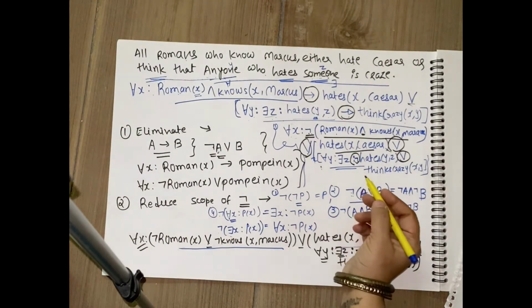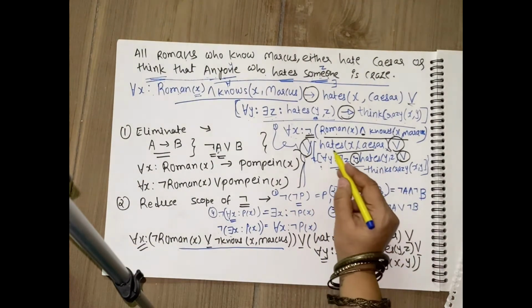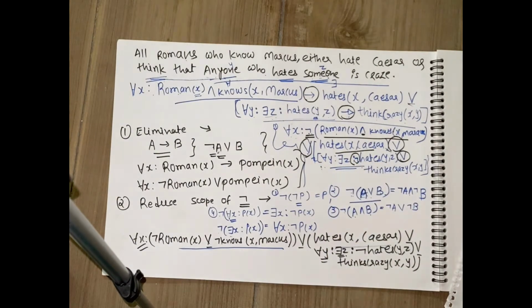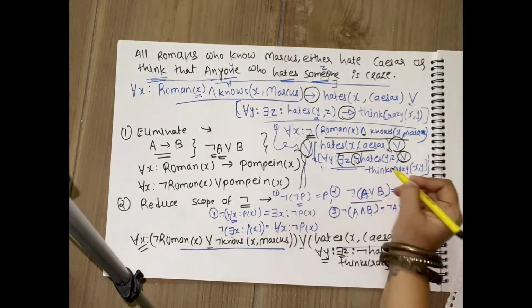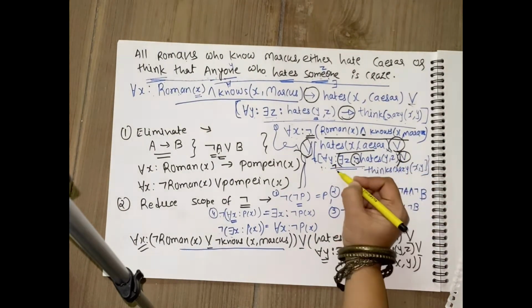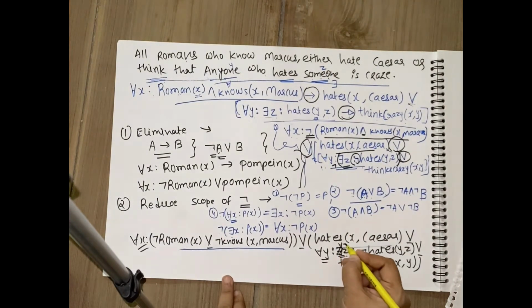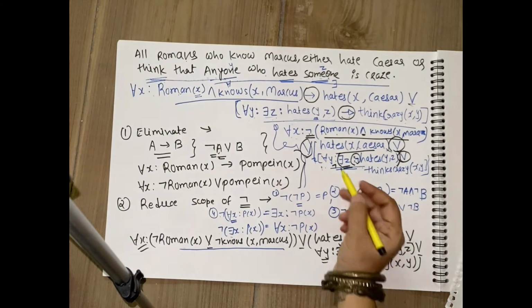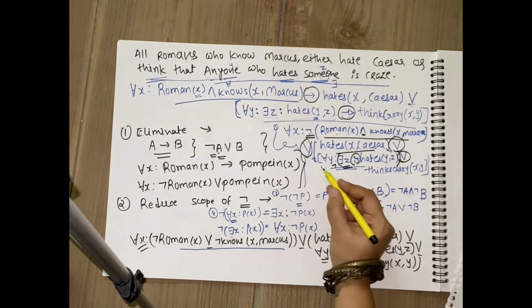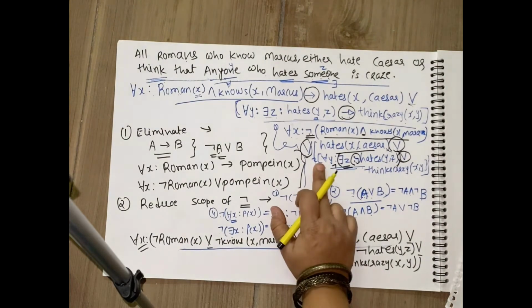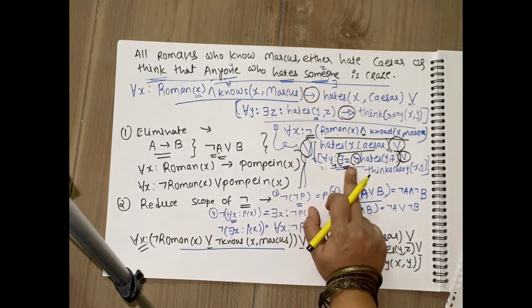When we are negating these hates, the negation is applied here, so this there exists z will be converted to for all z. We are talking about all the y hating someone. When you negate that, for all y is not going to be negated, but for there exists z, negation will be applied. Are you getting why?